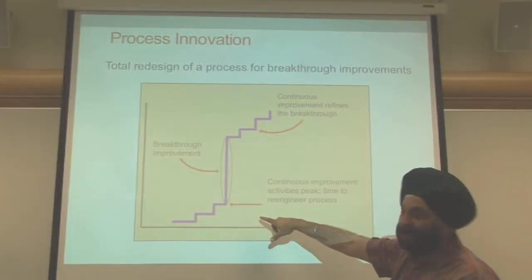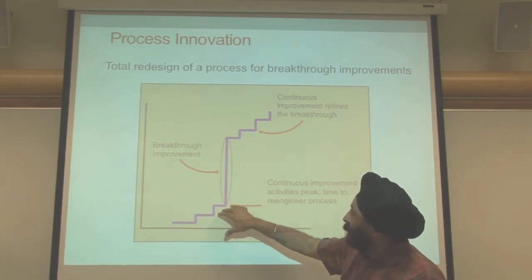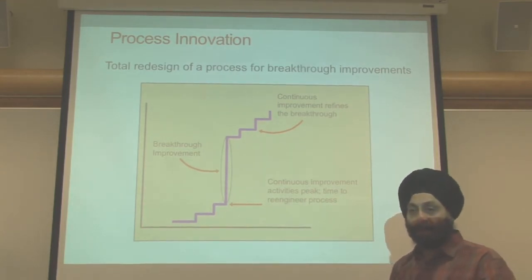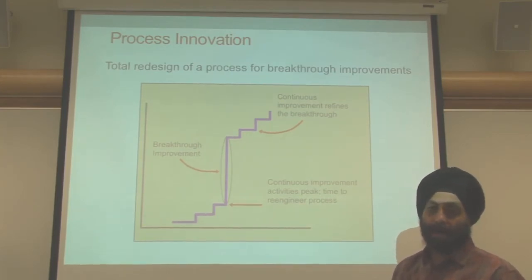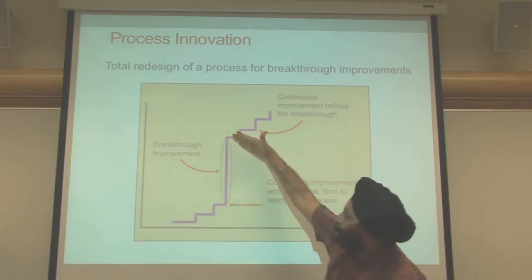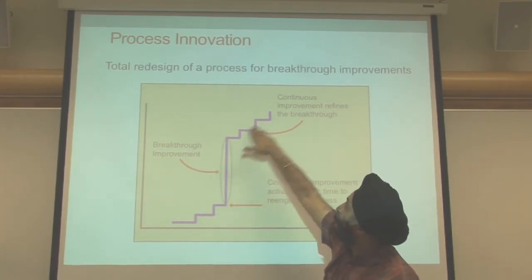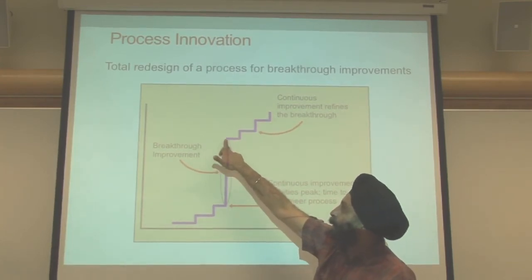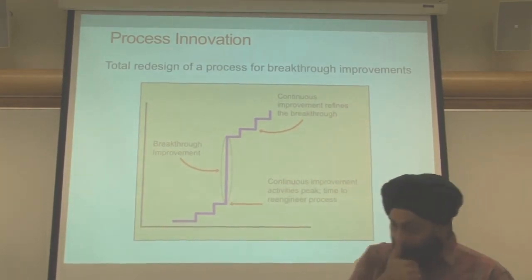In this case, if you look at processes that are in place, and this is where once continuous improvement activities peak, that's the best you can do with current process, and one looks into how can we re-engineer the process to create radical innovation, and in this case, time to re-engineer the process and create that breakthrough improvement so that we move on to a completely different plateau. And then slowly, once this new process is incorporated, you slowly, continuously improve the process. So that's a way to look into total redesign.